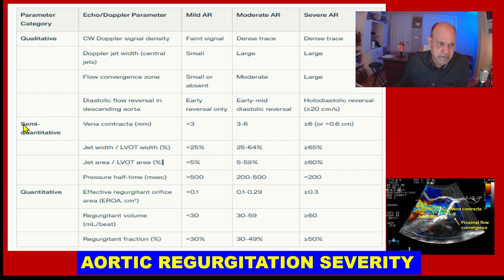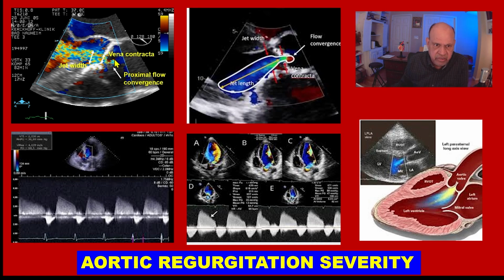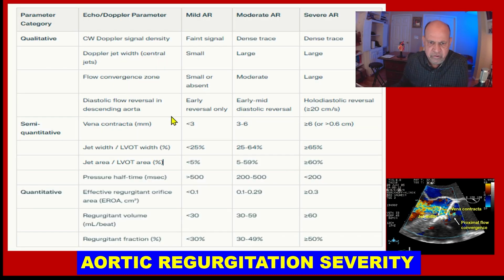And we look at the semi-quantitative, like the vena contracta. If it's less than 3, the vena contracta we saw here. So this is the vena contracta. If it's less than 3, that means it's less than 30% of the width of the left ventricular outflow tract obstruction. Then it is supposed to be mild.